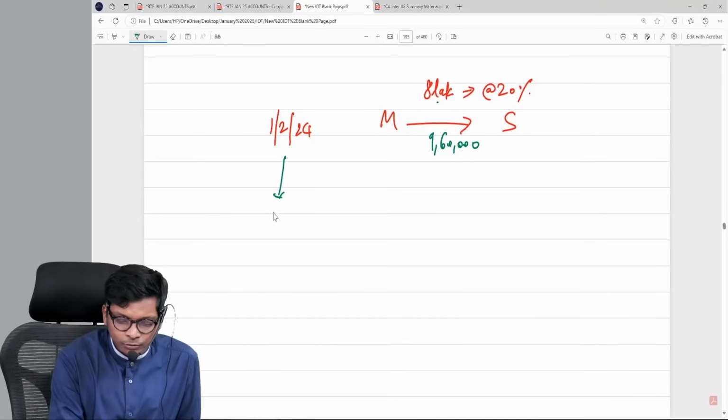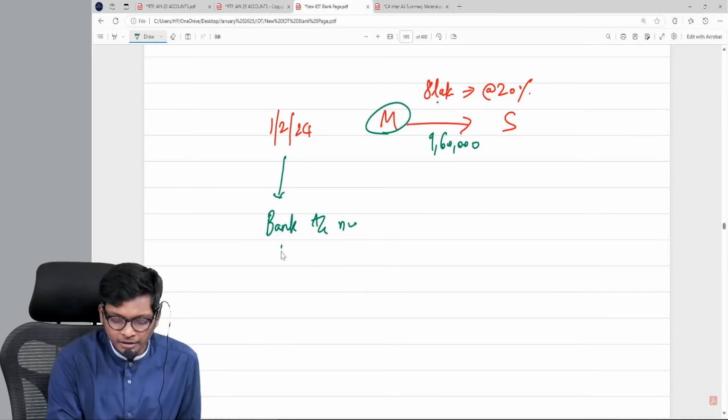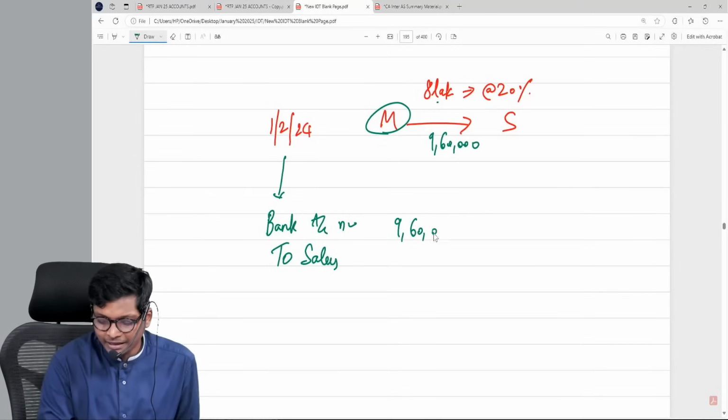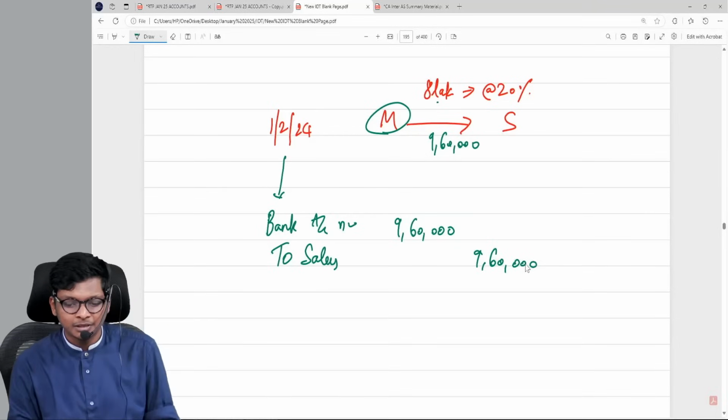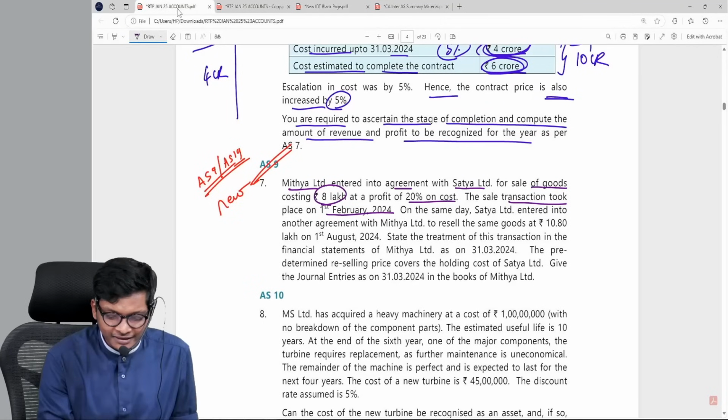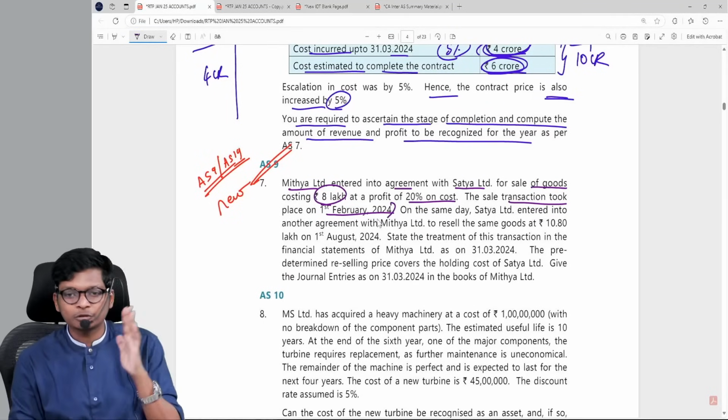So on this day, what entry will M pass? Bank account debit to sales 9 lakh 60. If the question ends here, I will stop here itself. This I am showing you, what will happen if I read the question till here and go to the next.